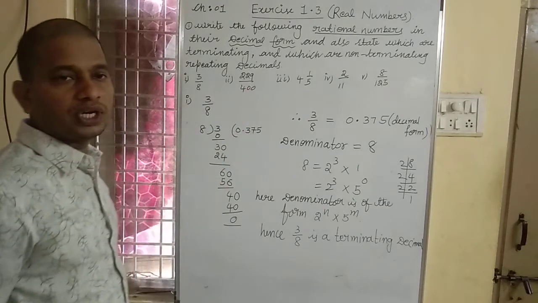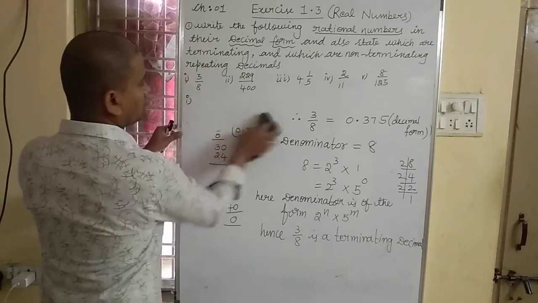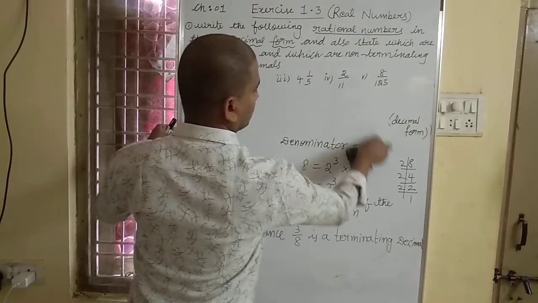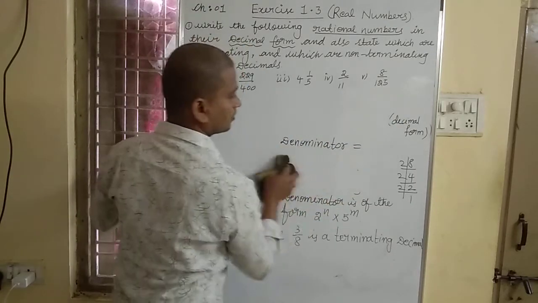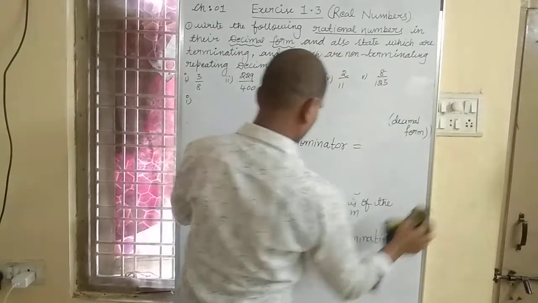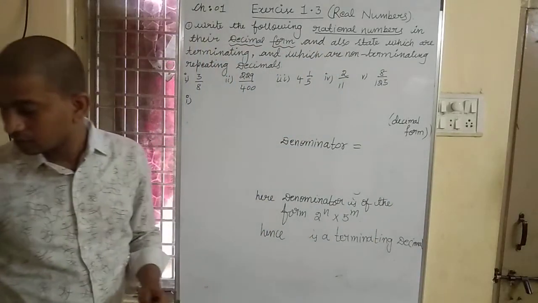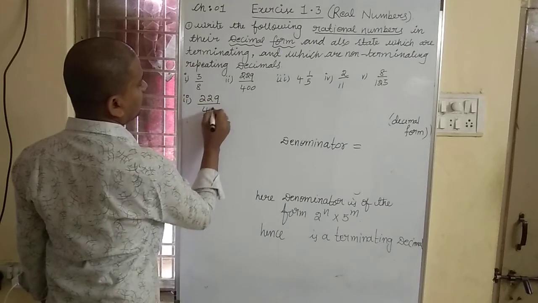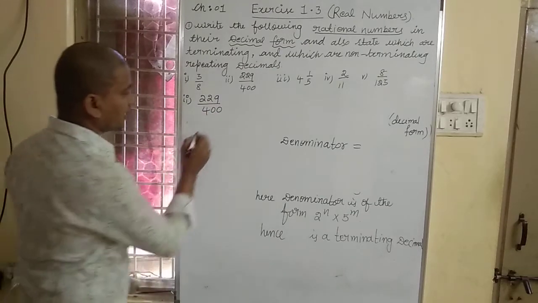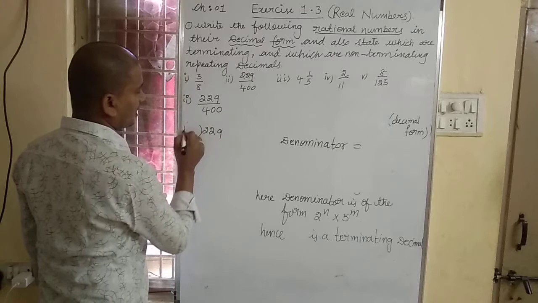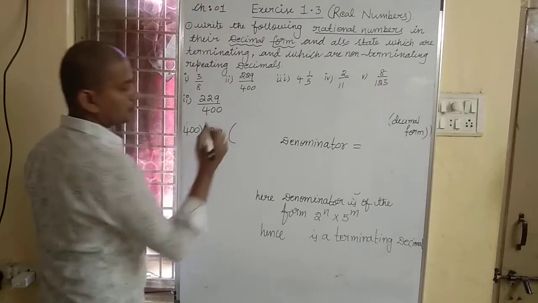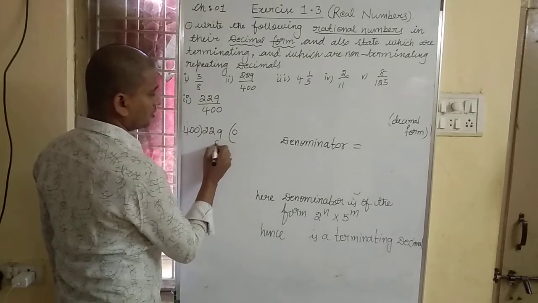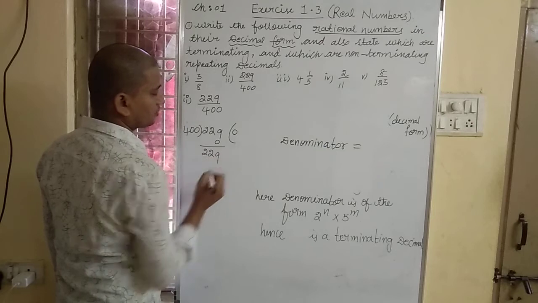Our second question is 229 by 400. So divide 229 divided by 400. 400 zeros are 0, which is 229.